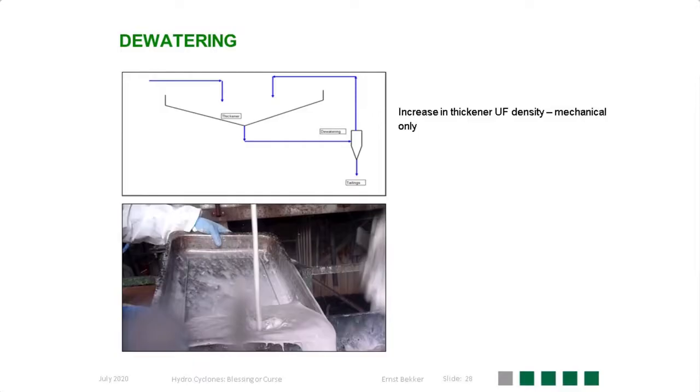So it's sometimes surprising that clients think that the cyclone can do better than a thickener, because the residence time of material in a hydrocyclone is a couple of seconds compared to a couple of hours on the thickener itself. Even if we rope the cyclone, as shown by the picture down below, the underflow is still wetter than what you will get from a thickener.